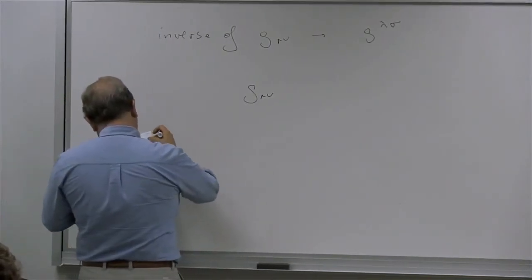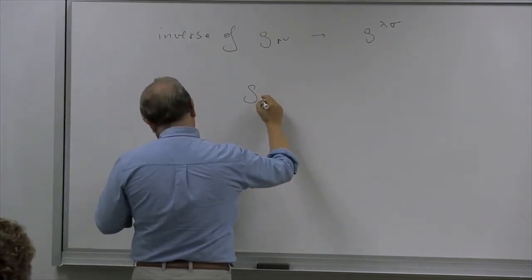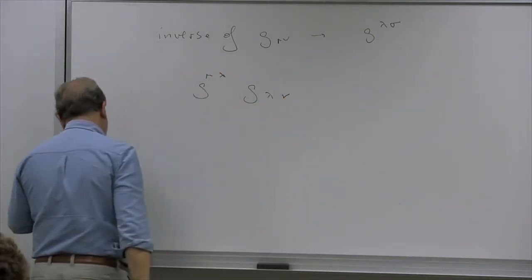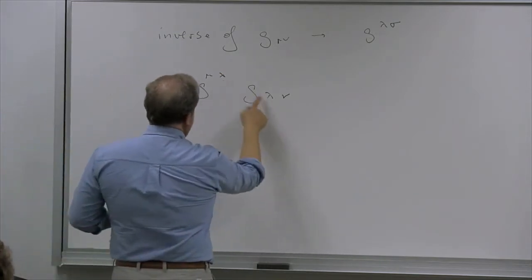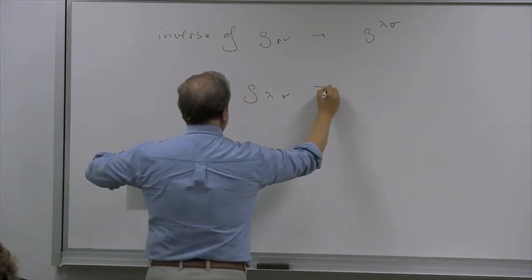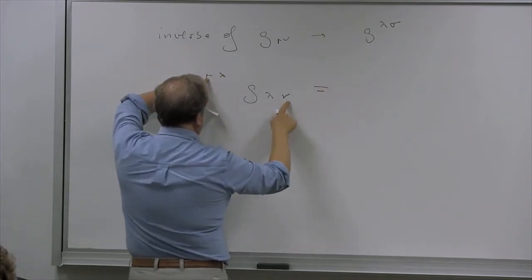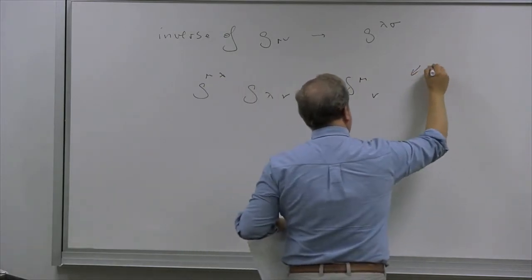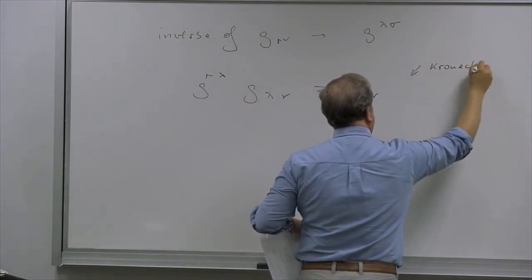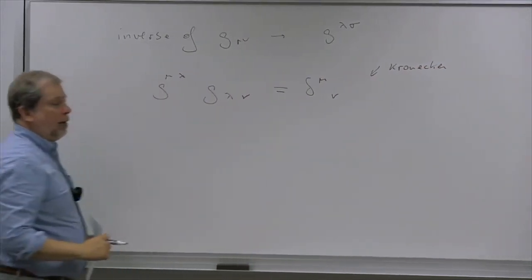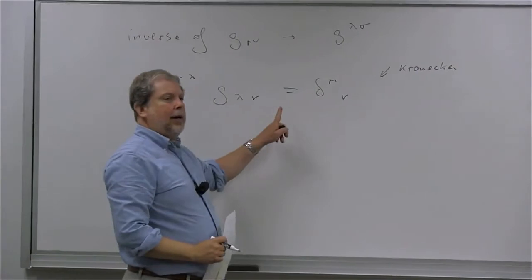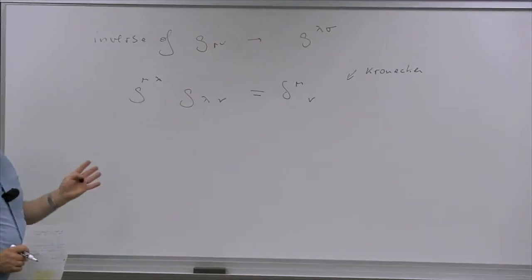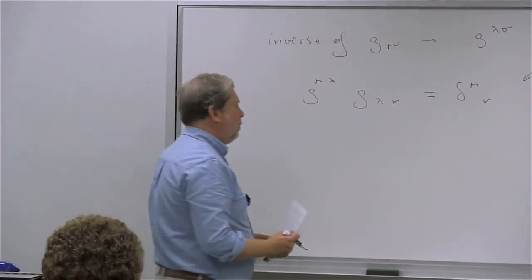We sum over this index, so we have standard matrix multiplication, and the two indices that are left over are the first one and the last one. So this is delta mu nu, which is just the Kronecker delta symbol. And this does not depend on x, because this is supposed to be exactly the inverse of that. So when you multiply by the inverse, you get 1. It doesn't depend on x.